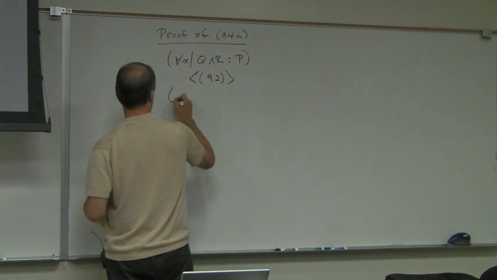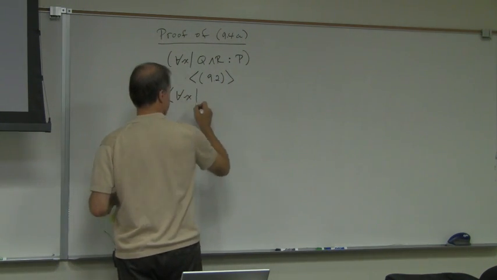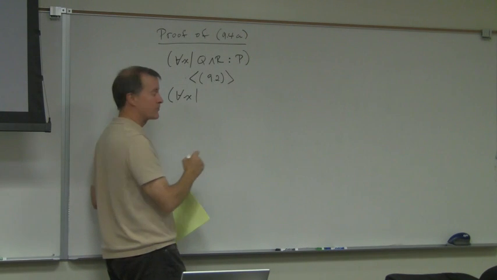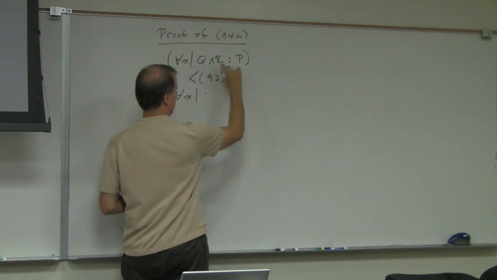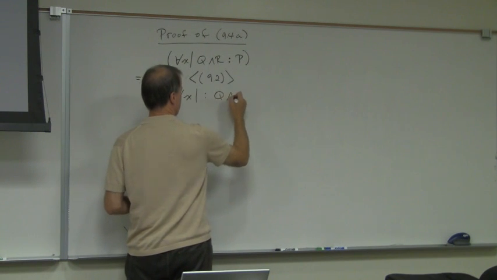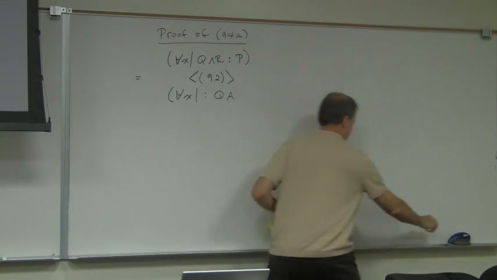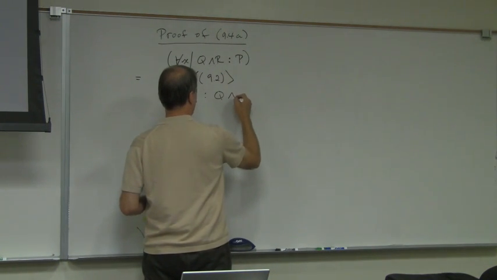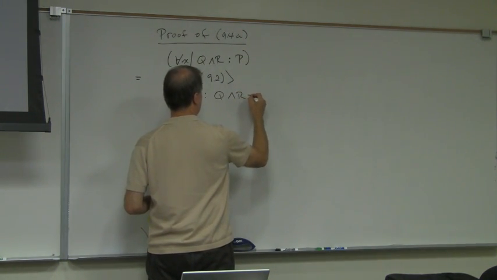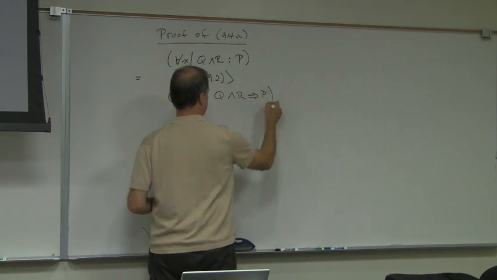And so what is this? For all x range true. Now the body is going to be Q and, oops, I started to write out "and", Q and R implies P, right?